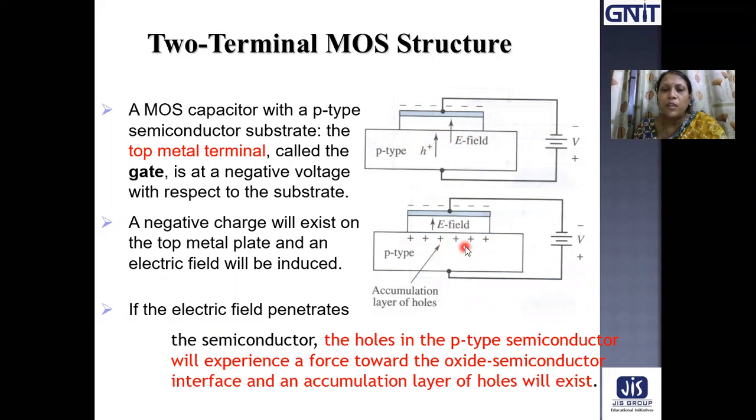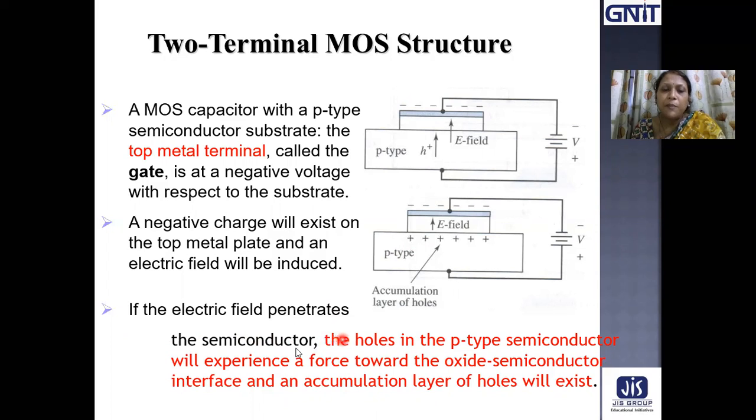It is shown over there, an accumulation layer of holes on this side. So a negative charge will exist on the top metal plate and an electric field will be induced.